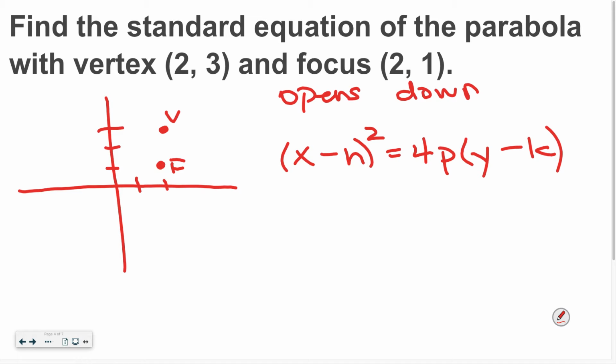All right. Jessica, what else do we know? P is 2? Why did you change it to negative 2? Okay, so we have a parabola opening down, which means our P needs to be negative. And since the focus is 2 away from the vertex, P is negative 2.